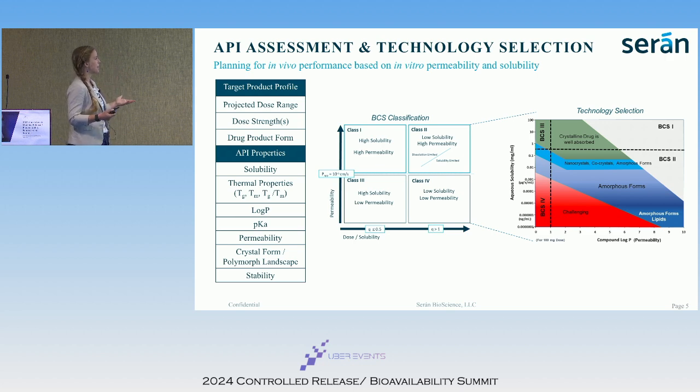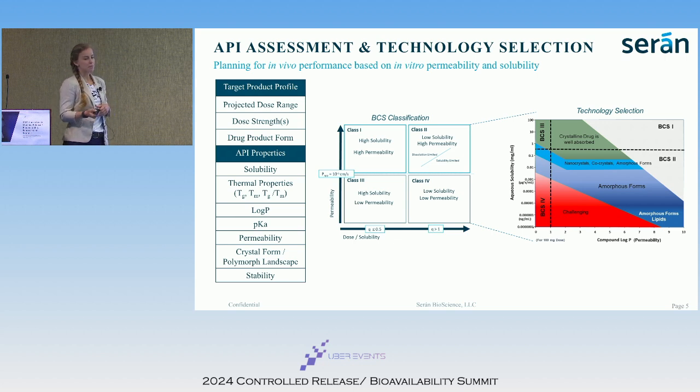It's how we think about our APIs and what sort of enabling technologies they might need in order to be bioavailable. On the right-hand side, we've mapped those BCS classifications to a technology selection diagram, which helps us to understand where, if we are in these spaces, different technologies could be useful for enabling bioavailability.